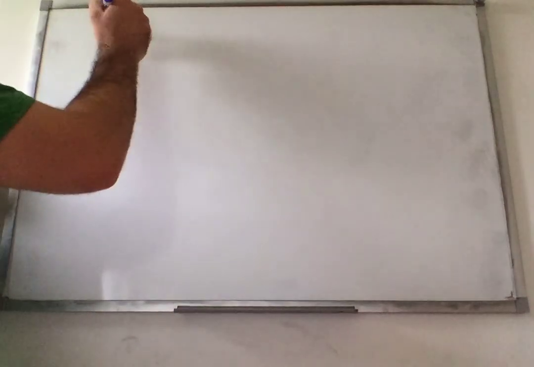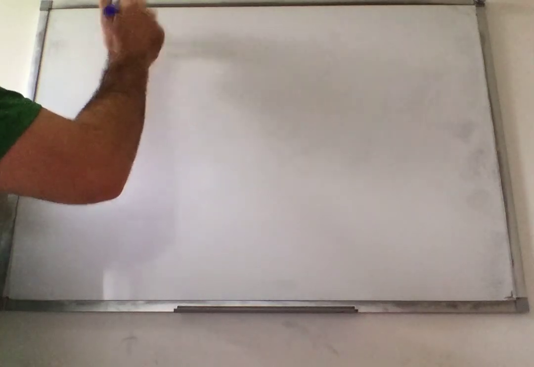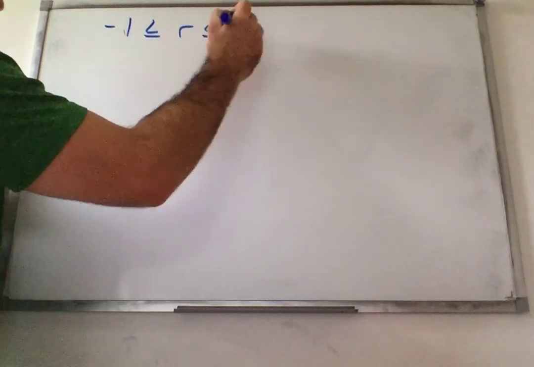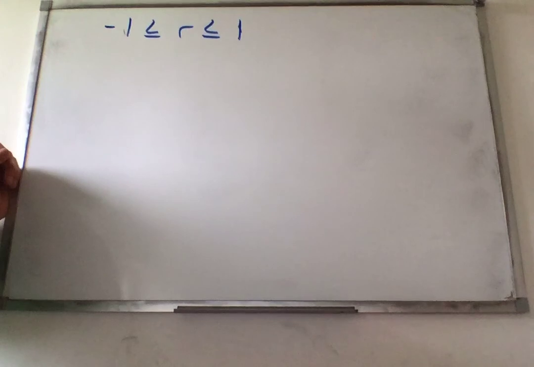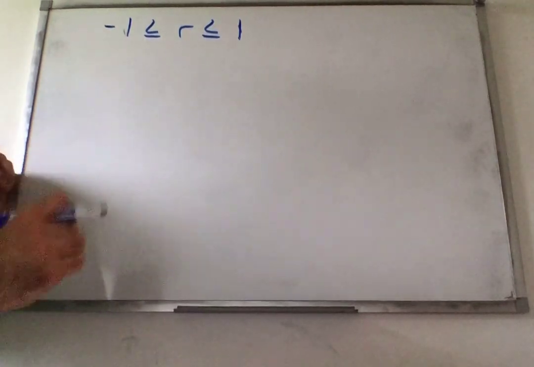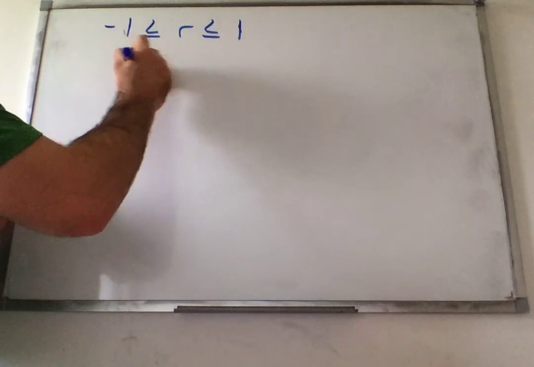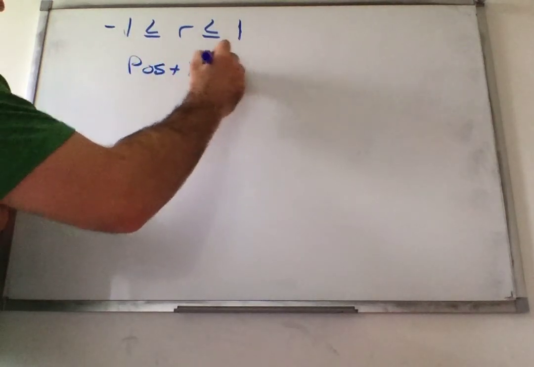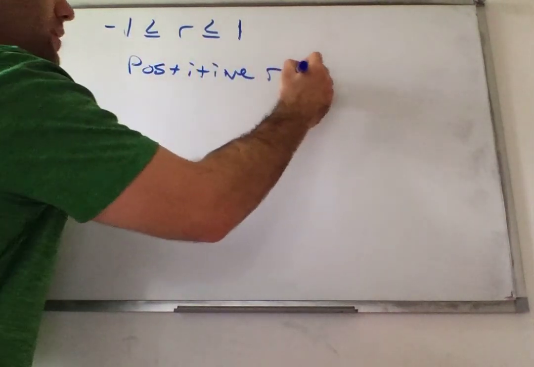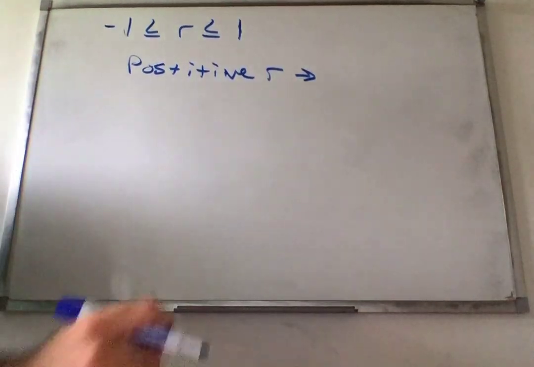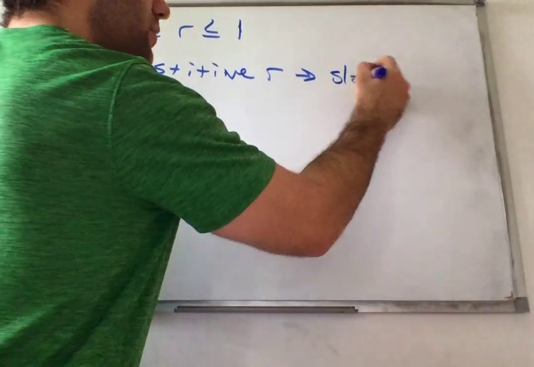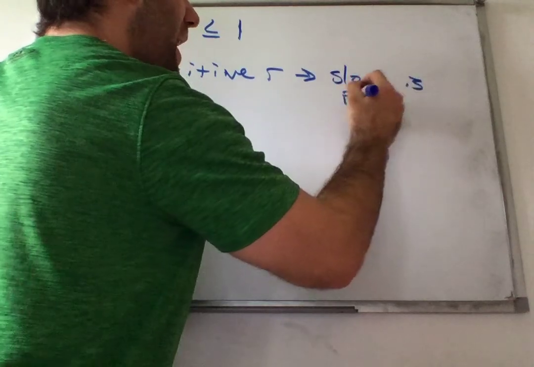Now, there are some properties of R. R is always between negative 1 and 1: negative 1 is less than or equal to R, which is less than or equal to 1. Okay? So, positive R, all this means is that the slope is positive.